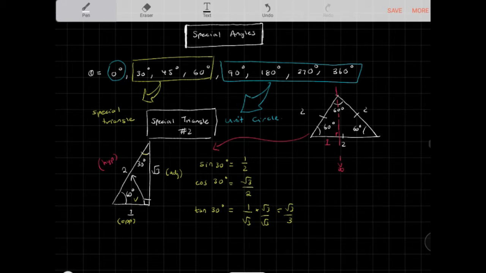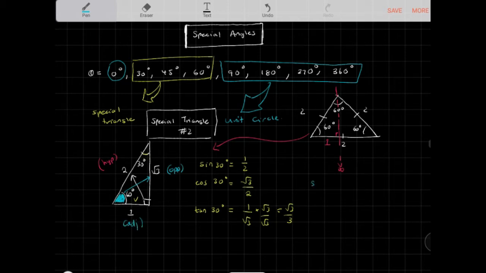And this time we'd be looking at 60 degrees. So if I'm looking at this angle, this guy becomes the opposite side, the hypotenuse is still conserved, and this is your adjacent side.